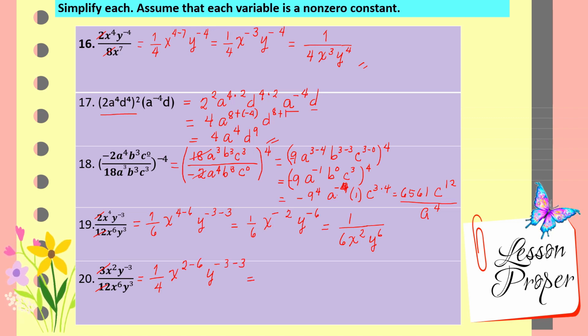So, you will have 1/4 x raised to negative 4 y negative 6. Again, we will have a negative exponent, so our final answer is 4x raised to the 4th power and y to the 6th power. And this is our final answer.